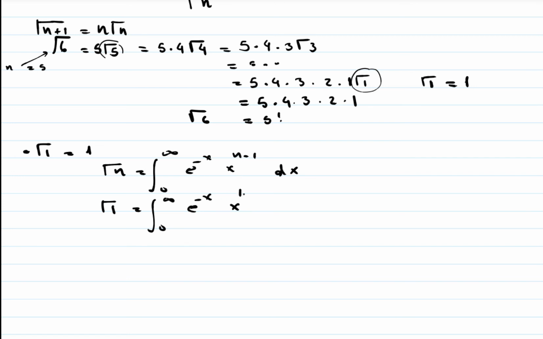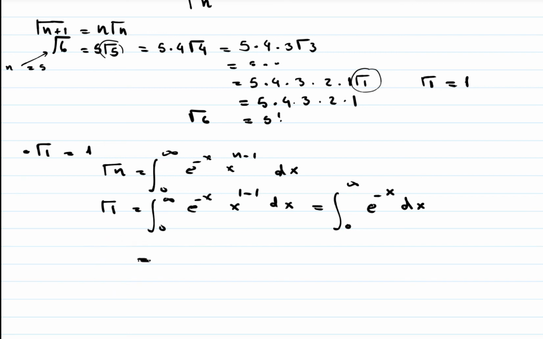So it's going to be x raised to 1 minus 1, dx. Now x raised to 0 is equal to 1, so it disappears. We don't have to write it here, and this is the integration we have, from 0 to infinity. Now to do this, how can we do it?